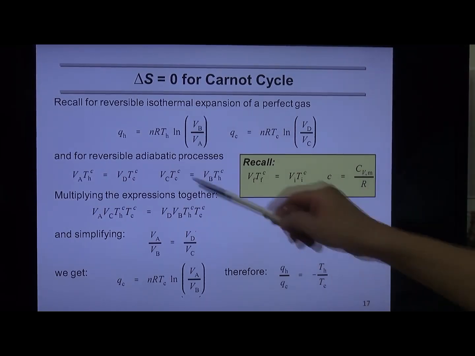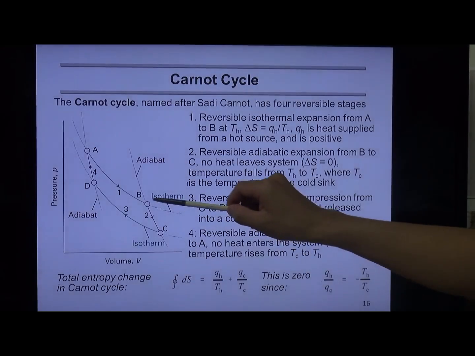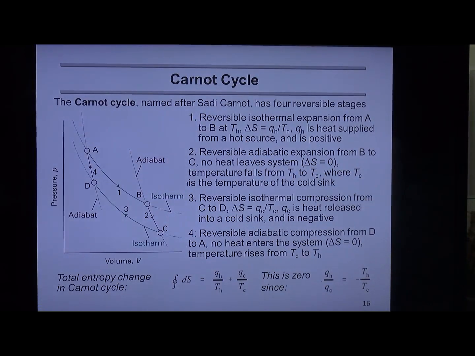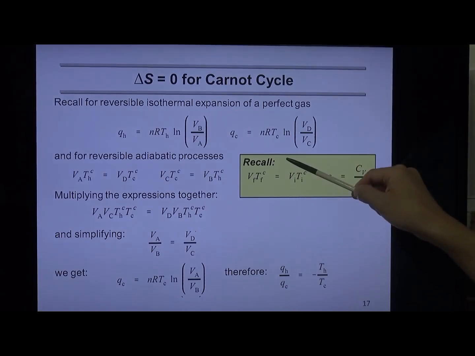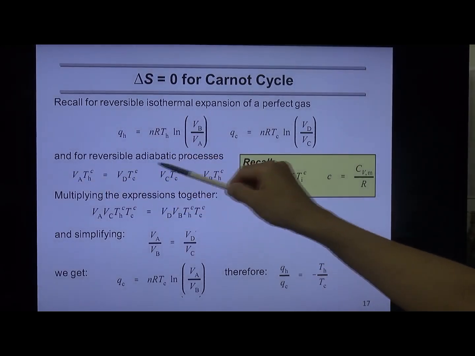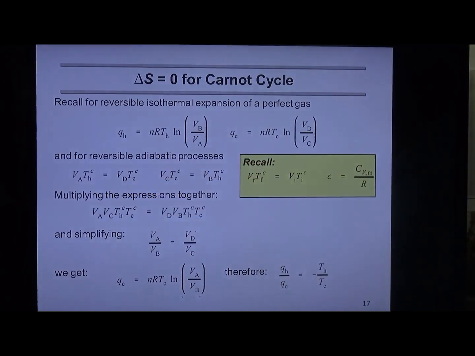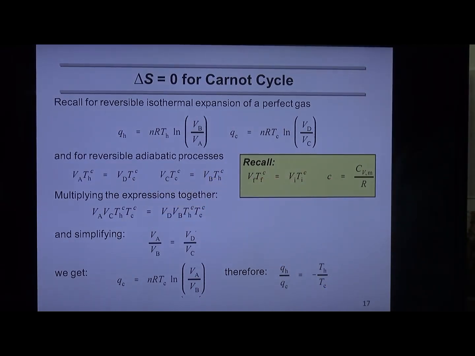So for reversible adiabatic processes, BC and DA, two of these processes, this relation should hold, right? These two expansion processes are adiabatic, right? So we have these two expressions too, okay?